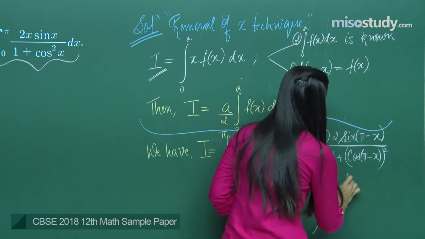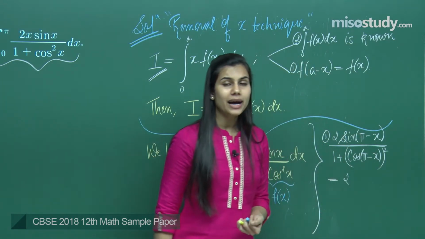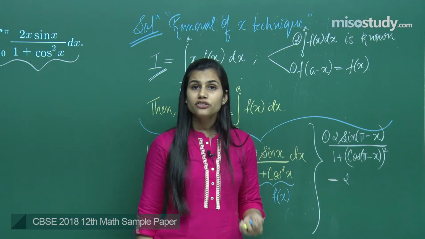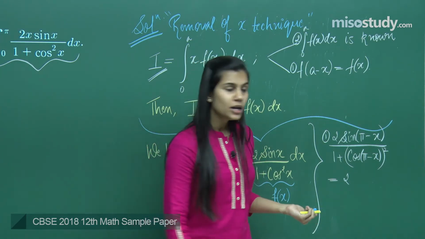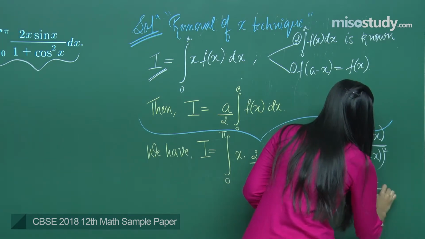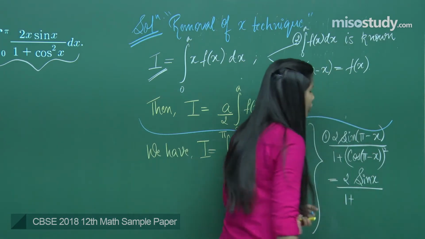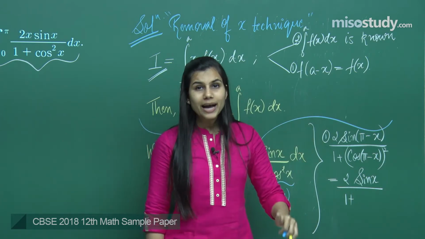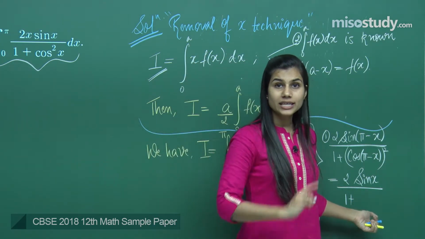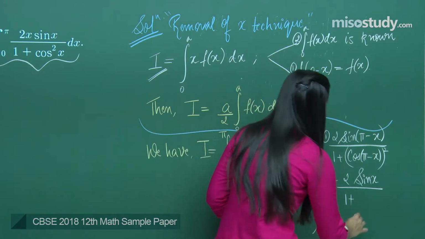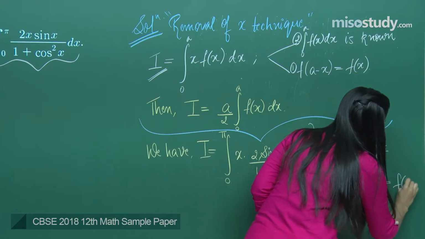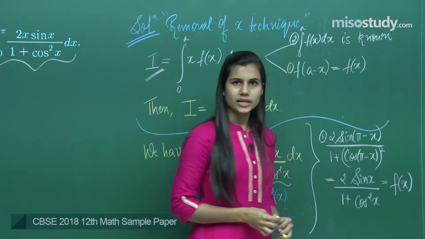Now, sine of 180 minus theta is the same as sine of pi minus theta, and the sine ratio of supplementary angles is the same. So sine of pi minus x is sine x. But cos of pi minus x is minus cos x. So over here I am going to get (minus cos x) whole square, which gives me (cos x) whole square, or cos square x, which is again my f(x).